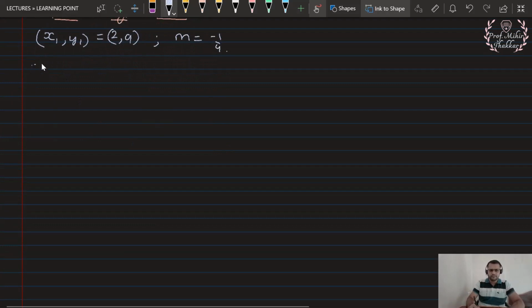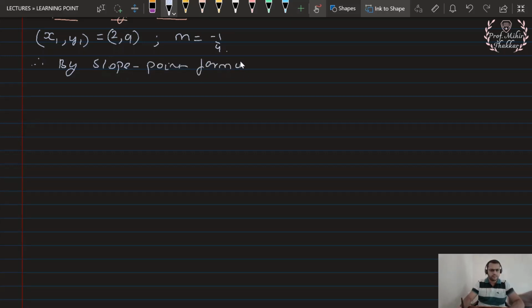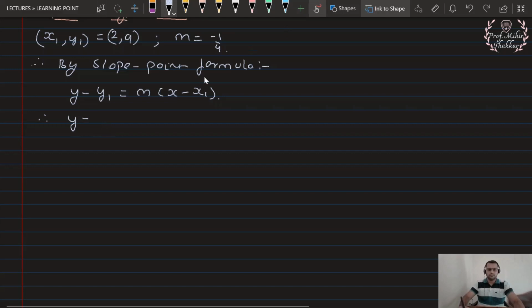Therefore again by slope point formula, y minus y1 is equal to m into x minus x1, so it is y minus 9 is equal to minus 1 by 4 into x minus 2.